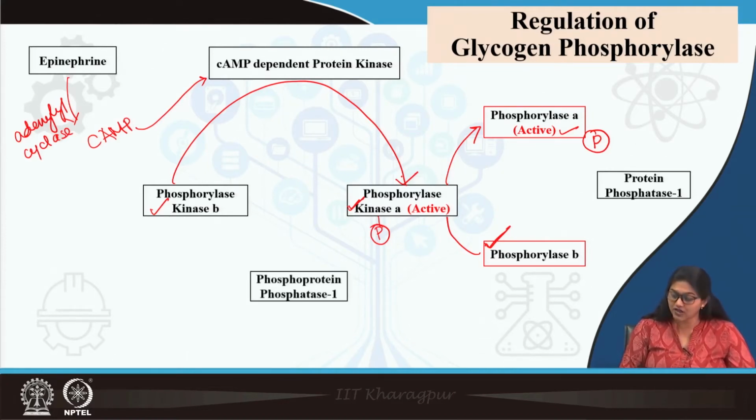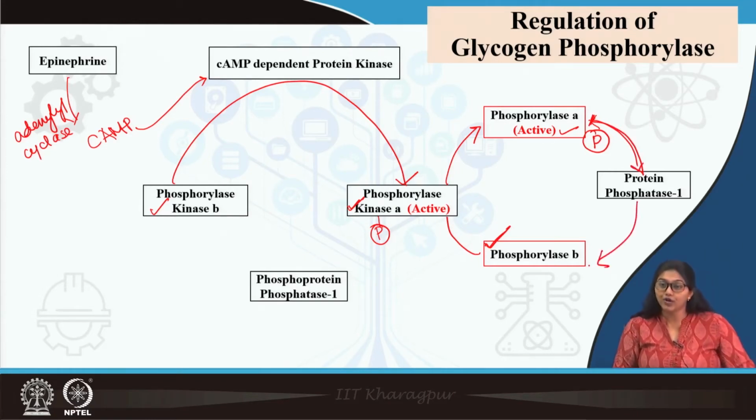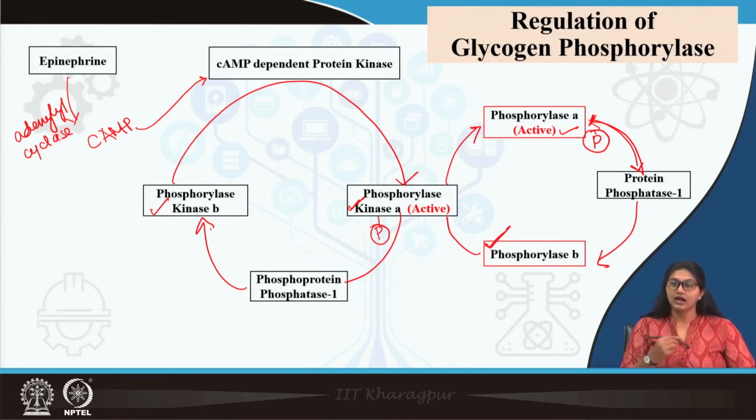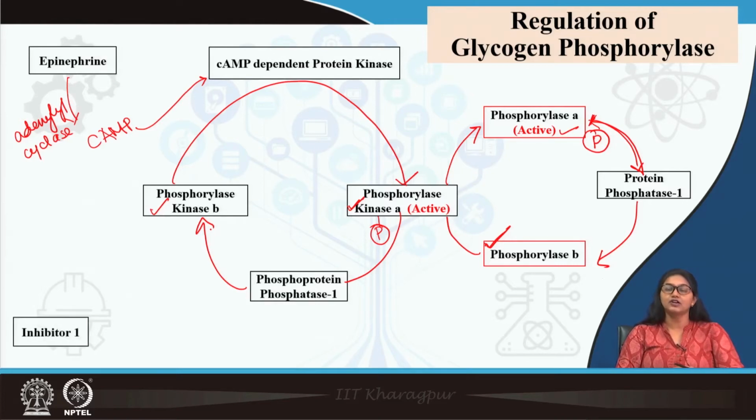Protein phosphatases inactivate both phosphorylase as well as phosphorylase kinase. Now, there is one inhibitor, inhibitor 1.